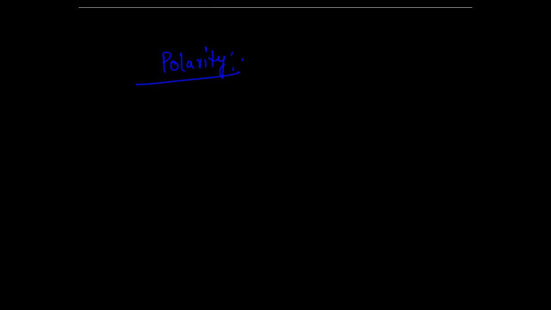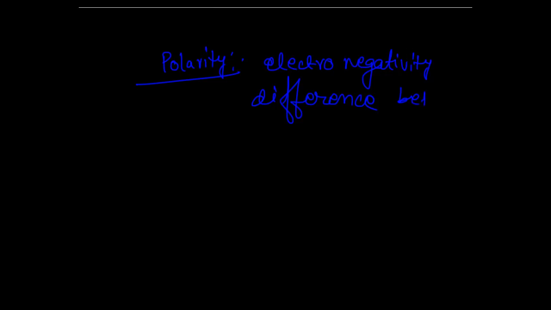That is, the electronegativity difference between the atoms. So suppose we consider the HCl molecule. We know that chlorine is electronegative and hydrogen is electropositive. So it has bond polarity.